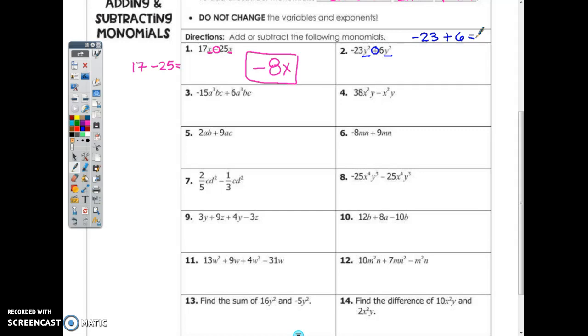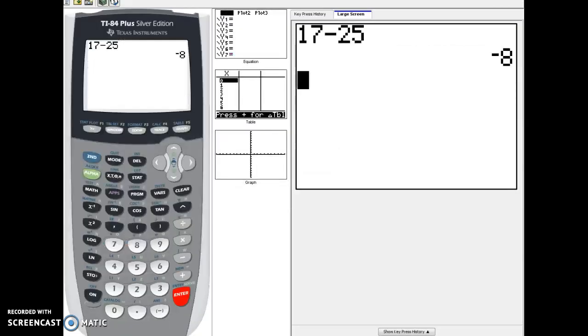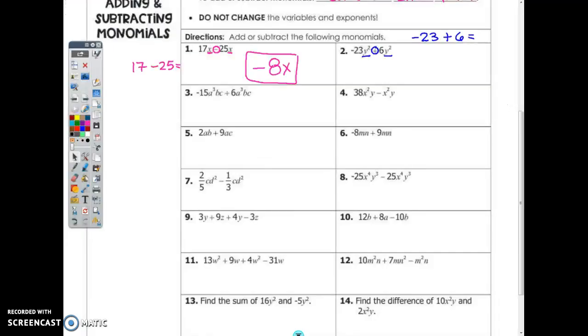So everybody in the calculator, you are typing negative 23 plus 6, enter, and that gives you the number that you're going to have. Okay? So we're going to write down negative 17, and they both have y squared, so my answer has y squared.